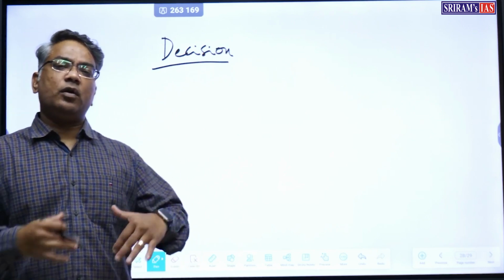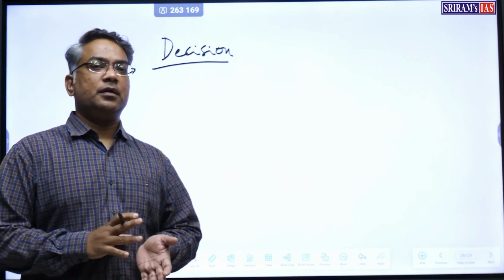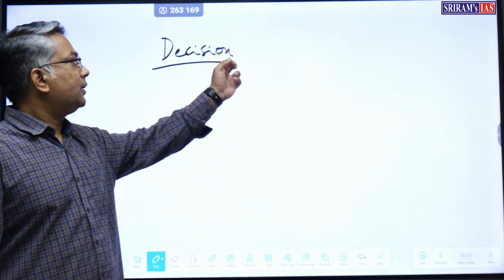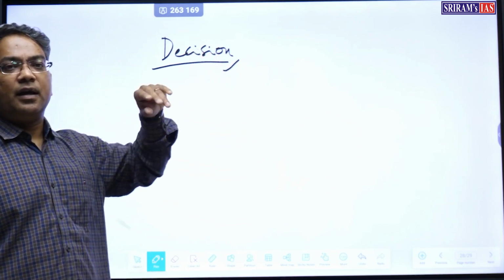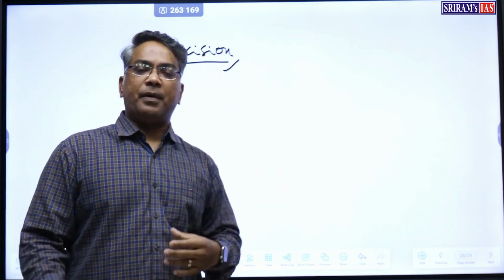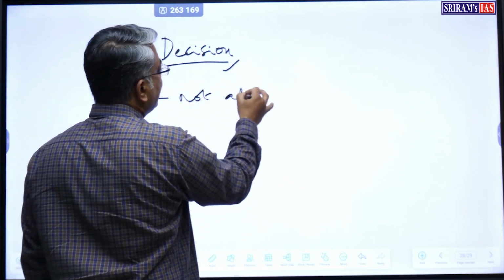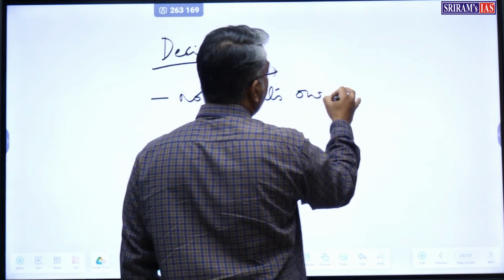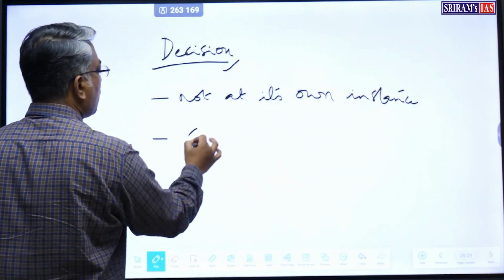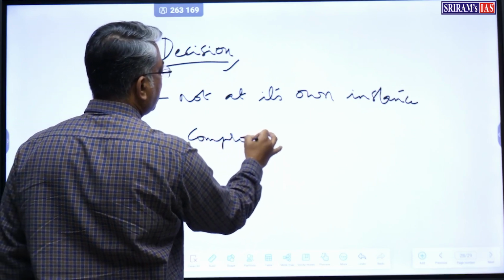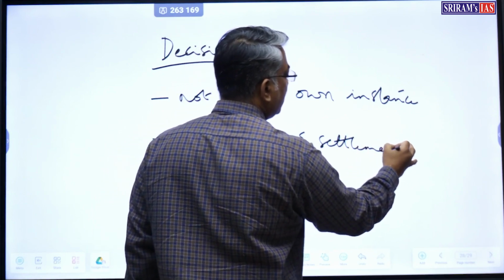Is the decision taken on its own instance, or the parties decide for compromise and settlement? So, the matters referred to the Lok Adalats are not decided at its own instance, but by compromise and settlement between the parties.